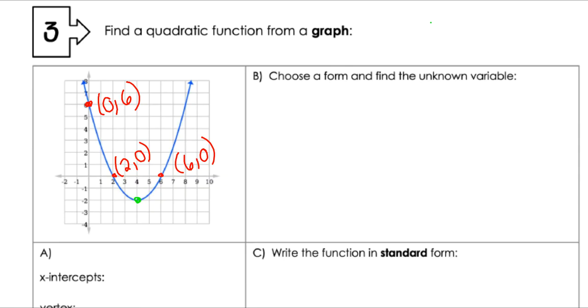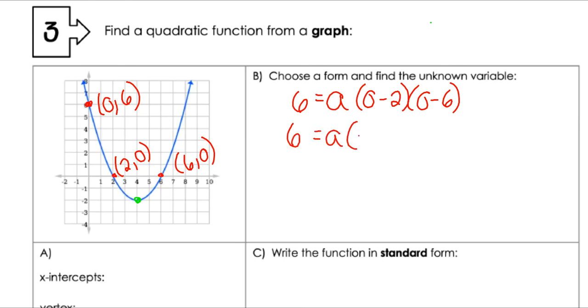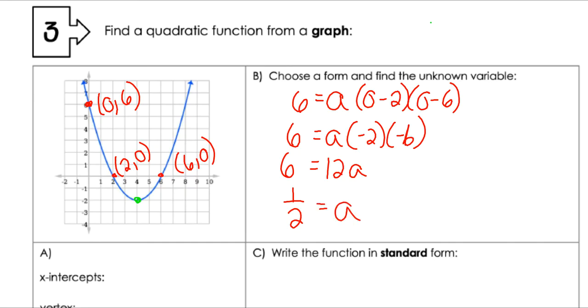So plugging those in to intercept form, I'm going to have 6 equals a times (0 minus 2) and (0 minus 6). So simplifying that, I get -2 and -6. So that's going to give me 6 equals 12a. And then dividing that, I get 1/2 for the a value.